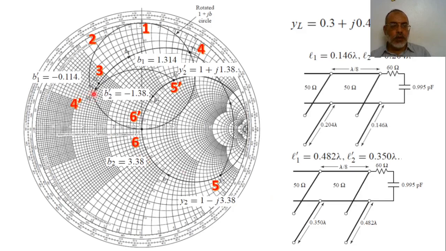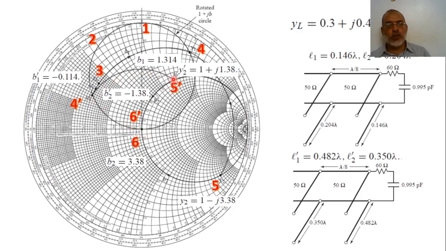Now, the input admittance at this point is y1 dash. After moving a distance lambda over 8, we intersect with the original 1 plus jB circle at the point y2 dash. How do we determine y2 dash? We are going to draw a line from the origin to y1 dash, and then we draw a circle whose radius is this line.